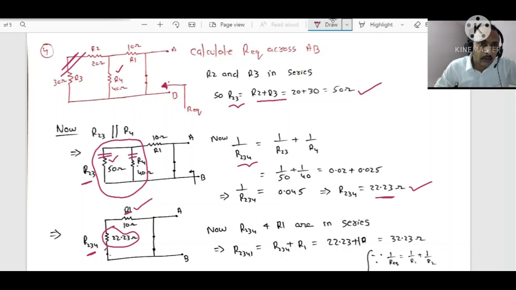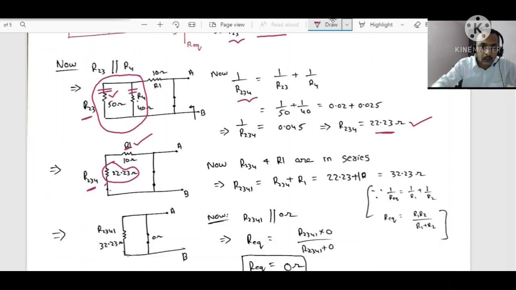Dear students, these two are in series. These two are in series. And the resultant is parallel to R4. Now these two are parallel. You will simplify that and you will get some value. That value will be in series with R1. Now observe, this R1 and this value, these two are in series.